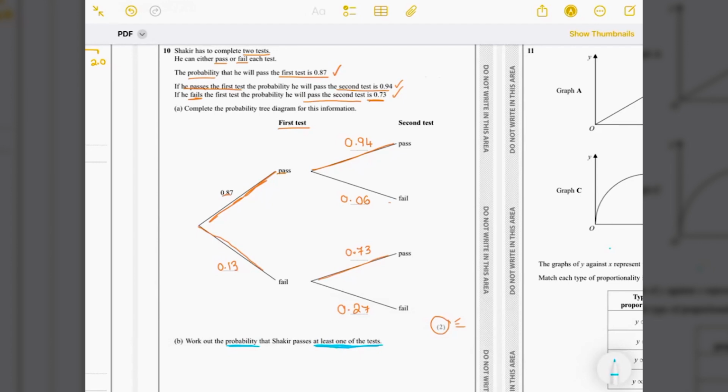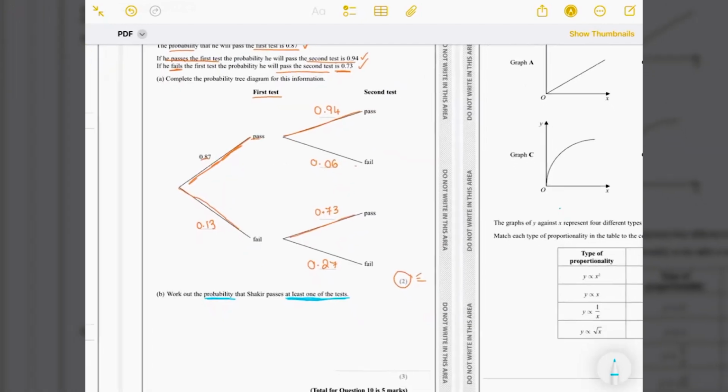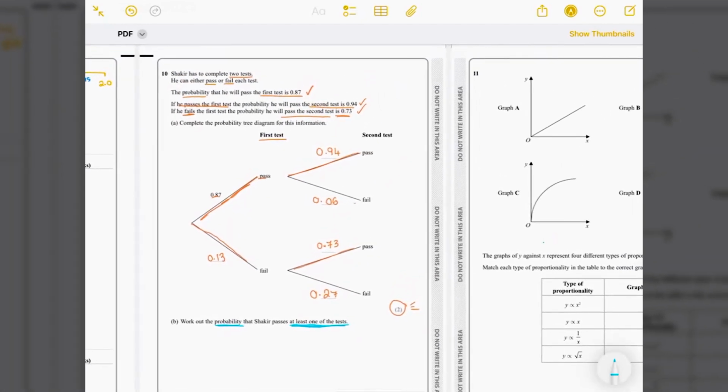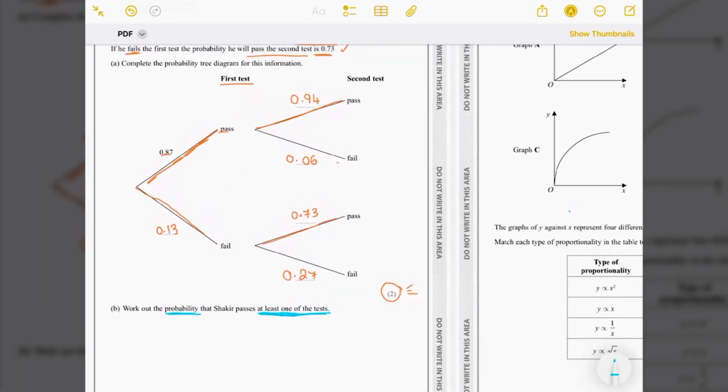Work out the probability that Shakir passes at least one of the tests. Now there's two ways of doing it. You can do it the long way, or you can do the short way. So the long way is to get all the probabilities and add them up together. If he passes at least one of the tests, he'll either pass the first one and the second, 0.87 times 0.94, so that's 0.8178, or he could pass the first one and fail the second one, so that's 0.87 times 0.06, which gives 0.0522.